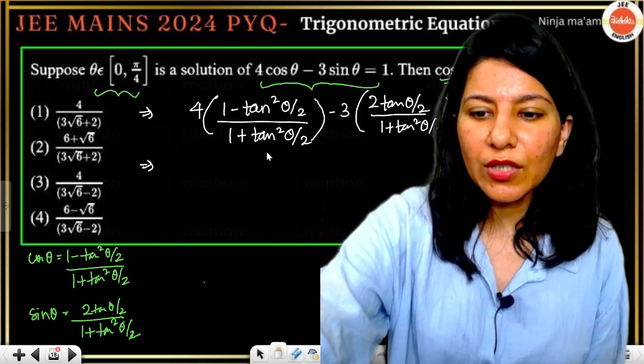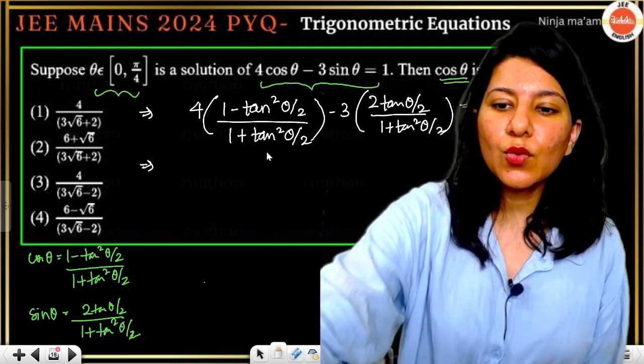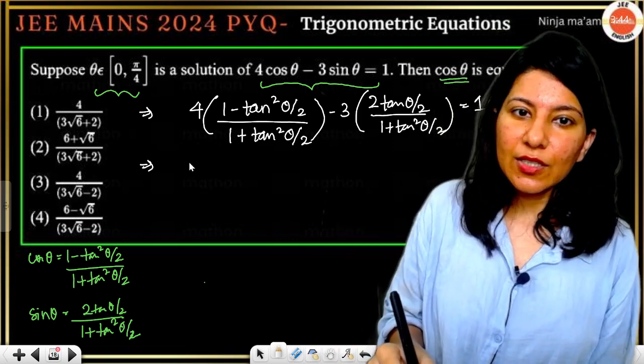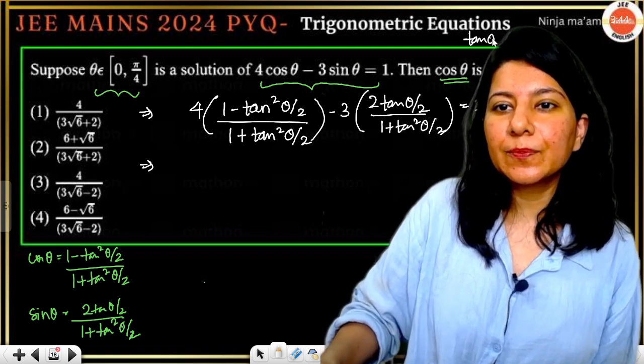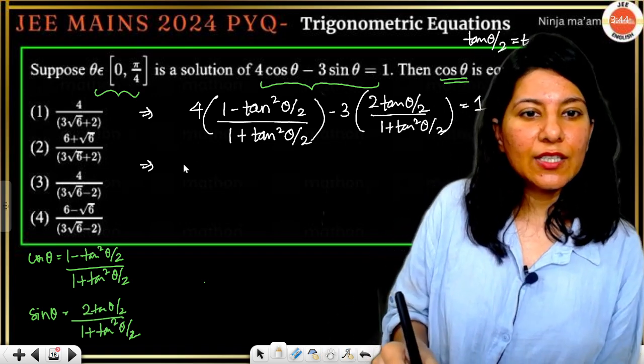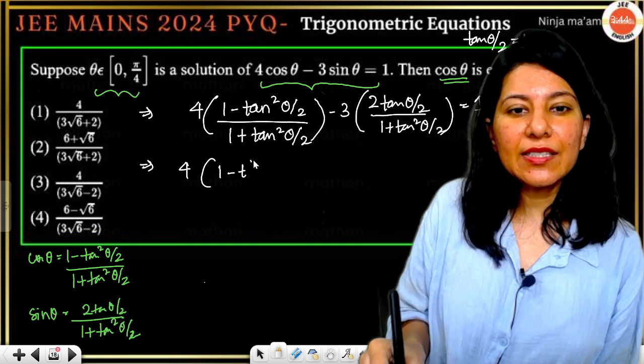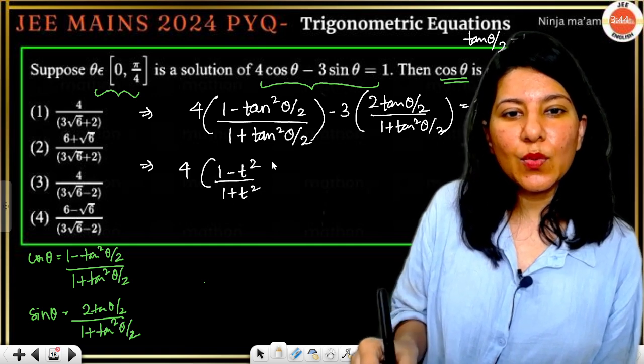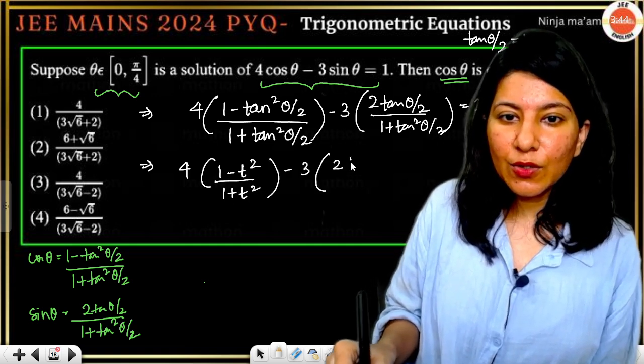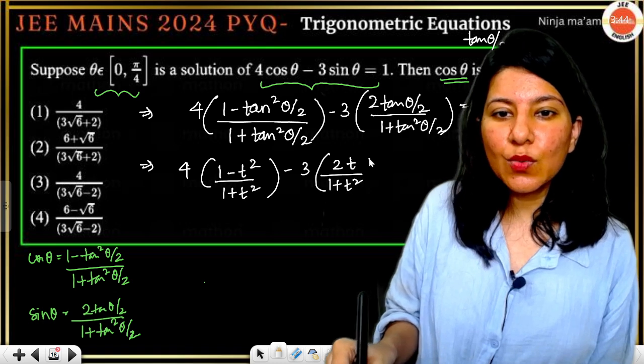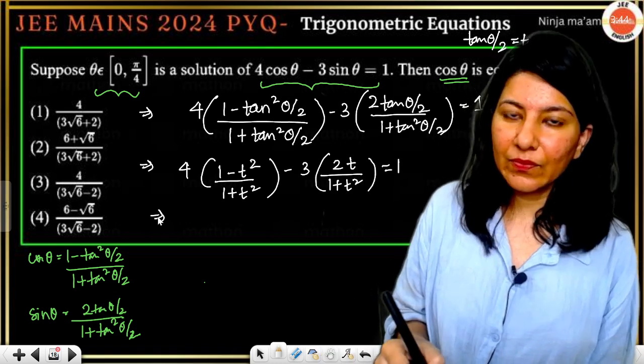Okay. Now there will be a quadratic in tan theta by 2. You can take tan theta by 2 equal to t and create a quadratic in t. So this is 4 times (1 minus t square) upon (1 plus t square) minus 3 times 2t upon (1 plus t square) is equal to 1. Okay, all right.